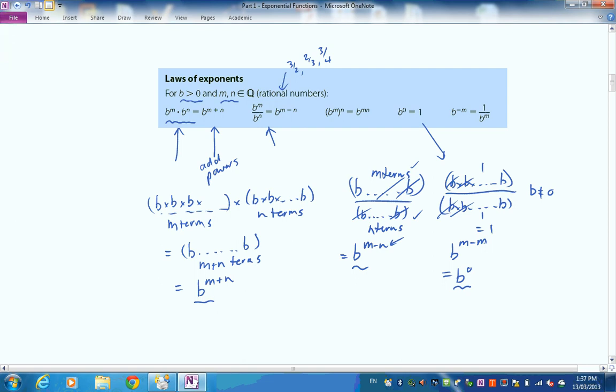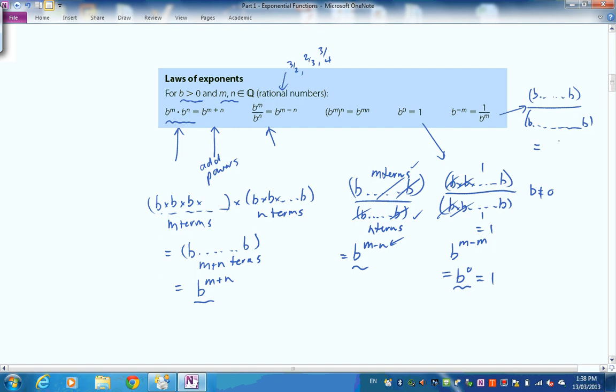Can we define it in a consistent way? Yes. All the b's would cancel out, and it would be the same as the number 1. And of course, over here then, b to the neg m would be like saying, well, you have a number of b's in the top line, and you have more b's in the bottom line.